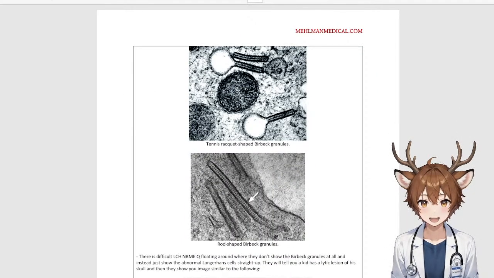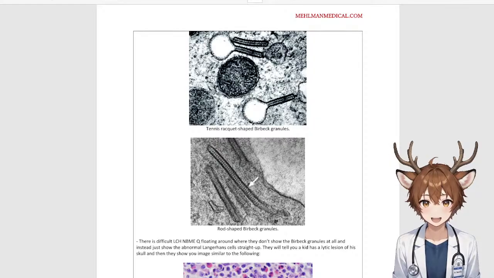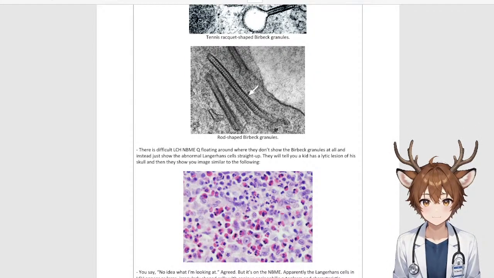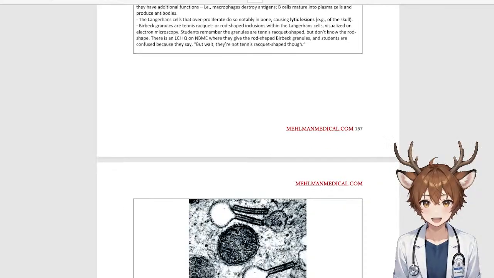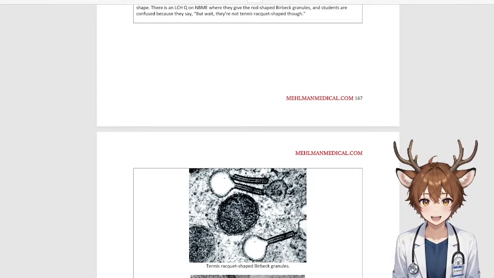Students remember the granules are tennis racket shaped, but don't remember the rod shape. So there's different versions of the shape basically: tennis racket shaped Birbeck granules, and then rod shaped Birbeck granules. But both of them seem to be indications of LCH, Langerhans cell histiocytosis.